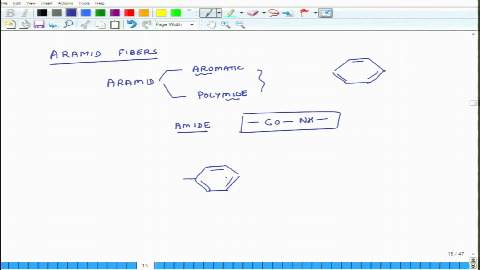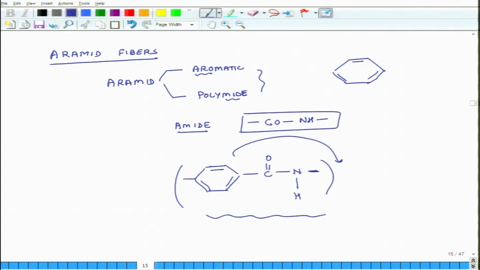This is a phenyl ring. So, this is the aromatic component, then you have a carbon atom, this is the CO, a nitrogen atom, a hydrogen atom, and this entire unit repeats itself. Nitrogen has a valency of 3, so this entire thing can come here and it repeats itself. So, this is your constituent. Fibers which have this kind of a structure are known as aramid fibers.